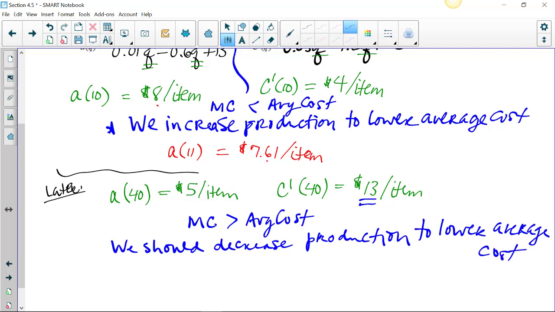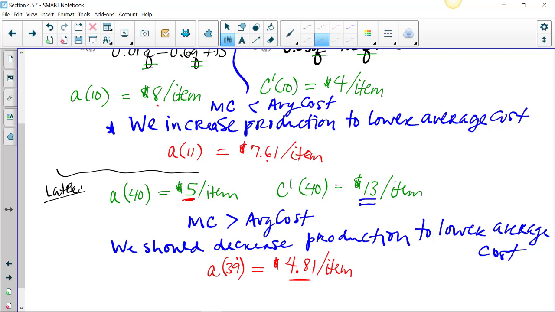To lower average cost. All right, let's double check and make sure that seems reasonable. Let's decrease from 40 items to 39 and see what happens. My average cost for producing 39 items is $4.81 per item. So I did decrease. I went from an average cost of $5 to $4.81.